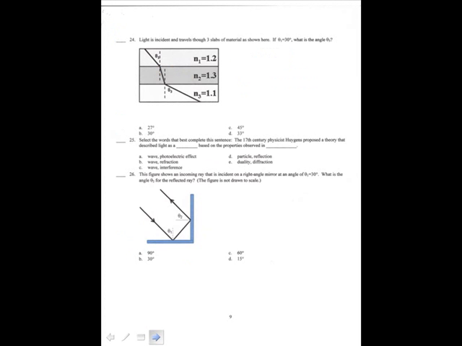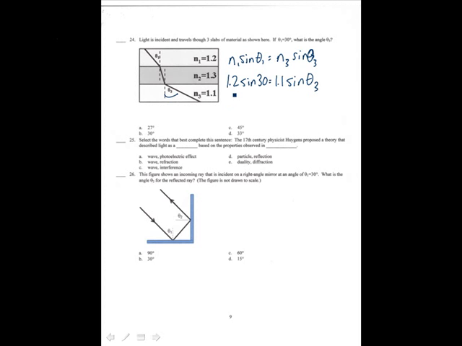Light is incident and travels through 3 slabs of material shown here. Theta 1 is 30 degrees. What is the angle theta 3? Alright, so I can say that N1 sine theta 1 is equal to N3 sine theta 3. I can just forget about the middle slab. It doesn't really affect this answer at all. And that's 1.2 sine of 30 equals 1.1 sine of theta 3.